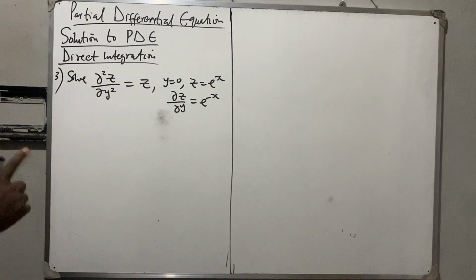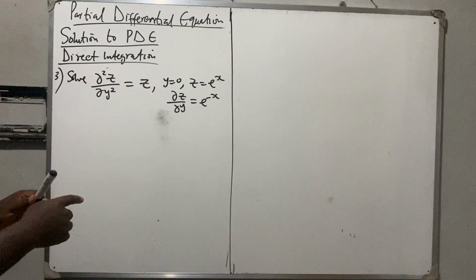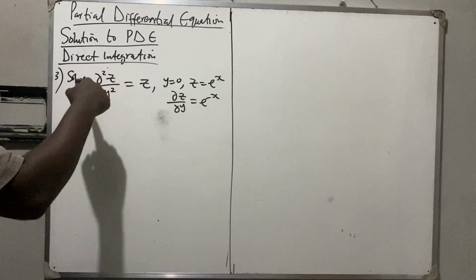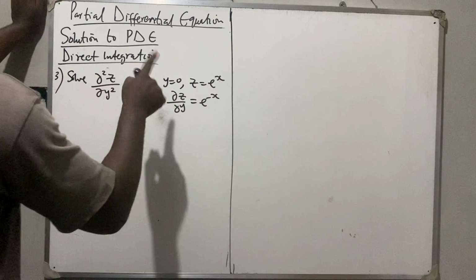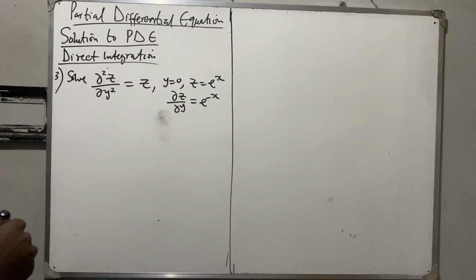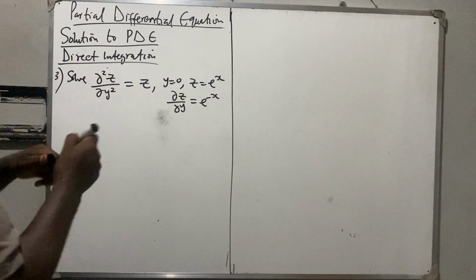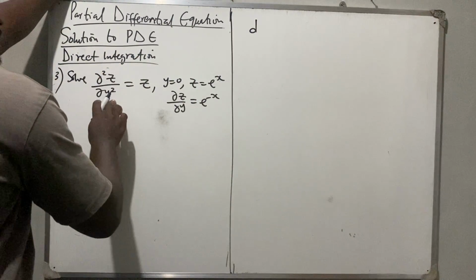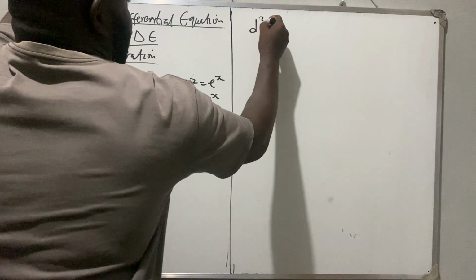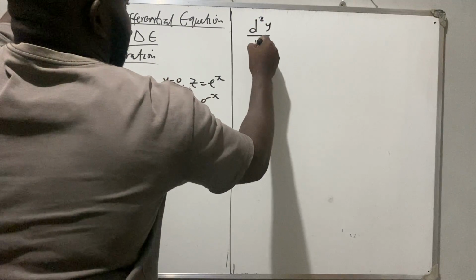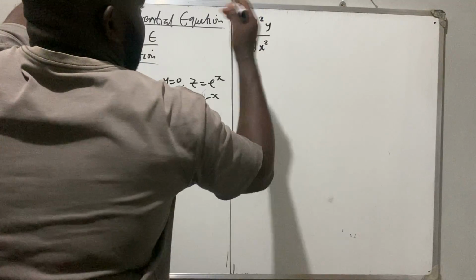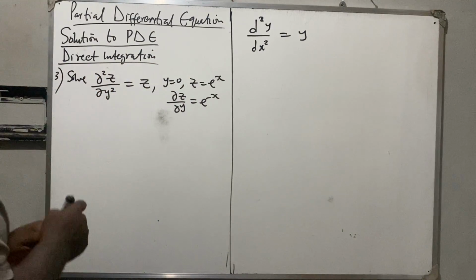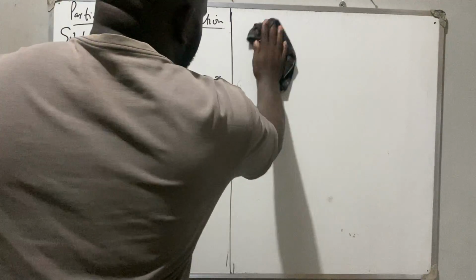If z is just a function of x, just one function, let me solve it using the normal ordinary differential equation. If this is an ordinary differential equation, let me change this to y and x. So this is d squared y over dx squared is equal to y. So this is how it looks. Or let me use z and y as the same thing so that you understand.